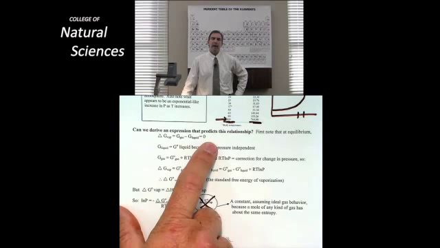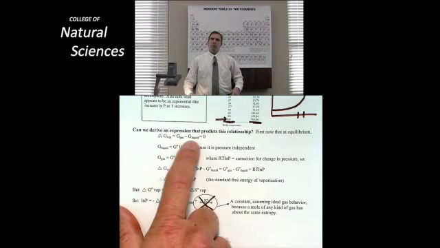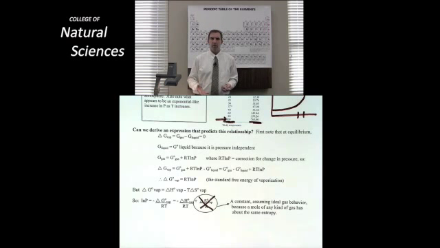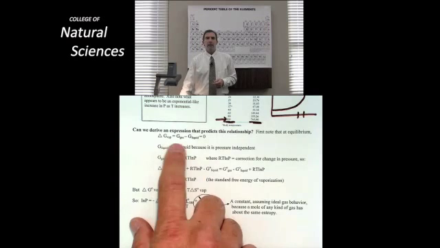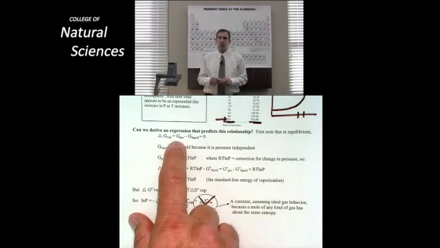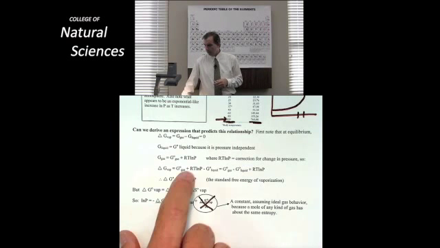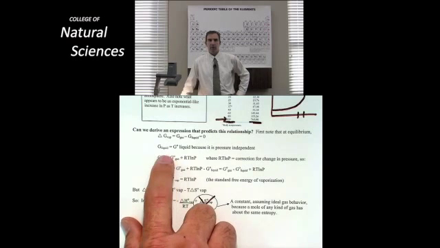Now, once I know that, I need to turn it into something which is useful for me in that it accounts for differences in pressure. This is a pressure-independent statement, but I can make it into a pressure-dependent statement if I want, and that pressure that I will be depending upon is the vapor pressure, by considering the following. So let's look at G of the gas and G of the liquid here.